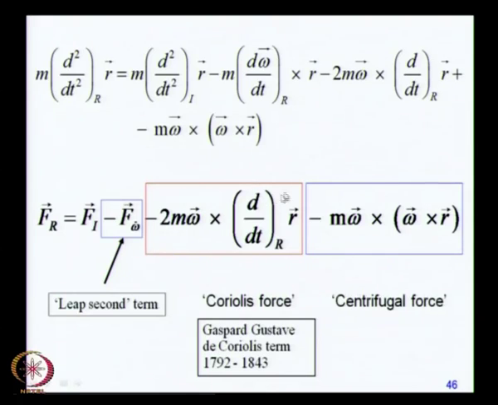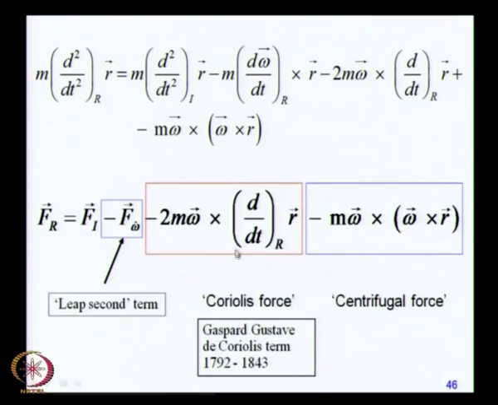Then there is a term coming from the cross product with omega scaled by the factor 2m, but mind you there is a minus sign that you have to keep track of. This minus sign is included in this rectangular box, and this is coming from the velocity seen in the rotating frame. D by dt in the rotating frame of r is the velocity.